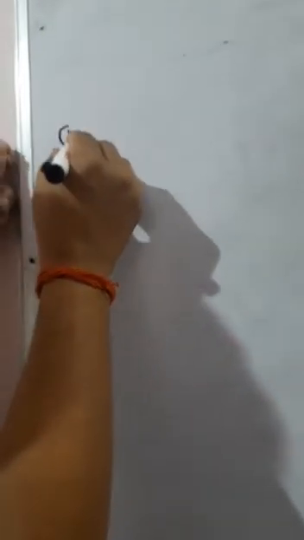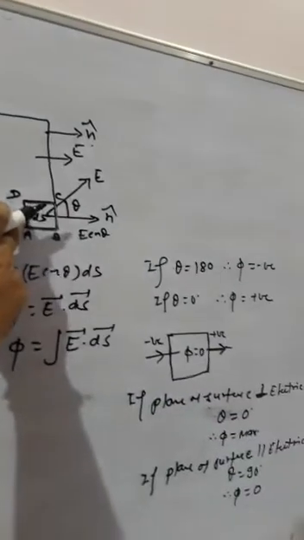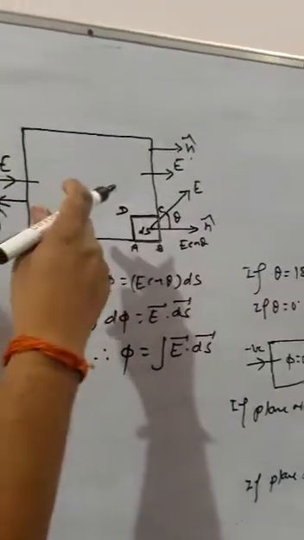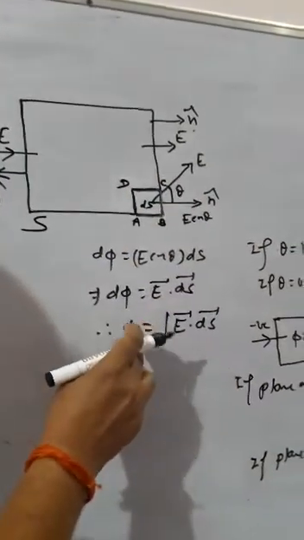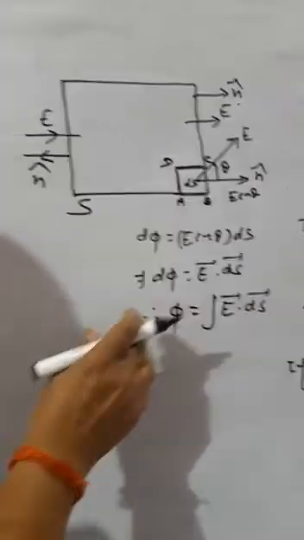Therefore, to solve any problem, we first find the electric flux linked to a small element, then the total flux linked to the whole surface by phi equals the integration of E dot dS.